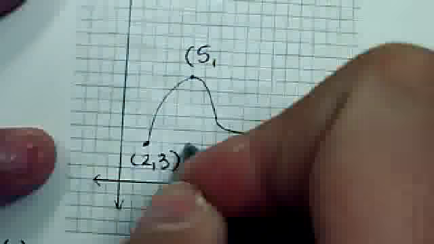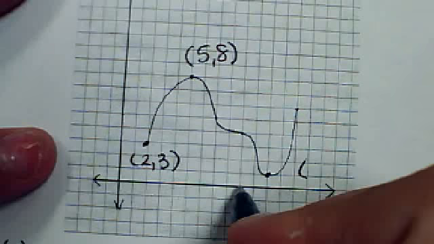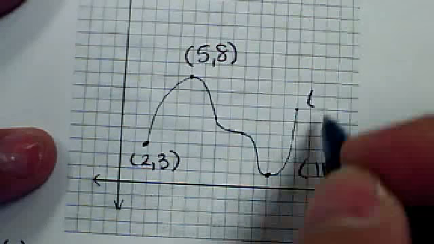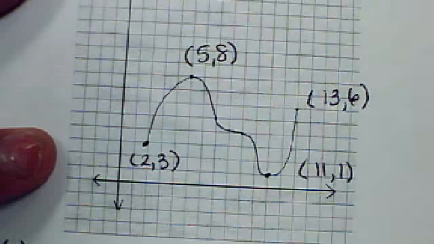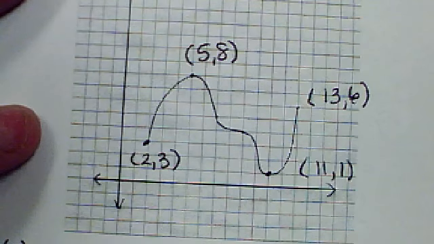This one up here is 5, 8. This one is 11, 1. And this one is 13, 6. So you might need to pause the video for a second to copy that graph. You need to have all 4 of those endpoints on it so that we can answer the question. Okay, so pause the video if you need to.